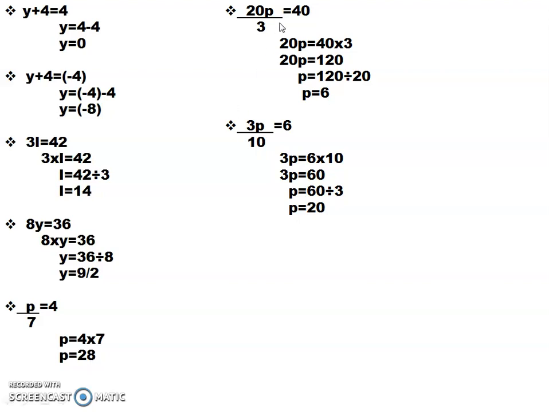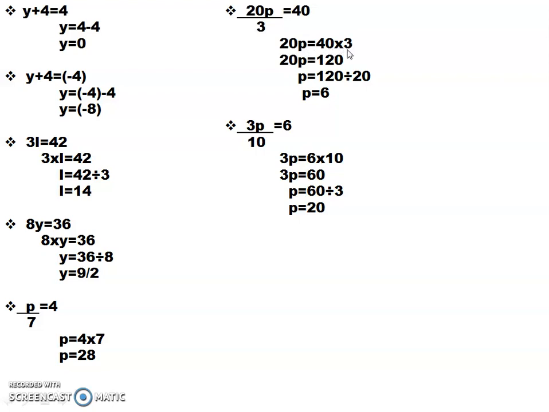Now see the next question. 20p by 3. Here you can see two operations. What is that? 20 into p divided by 3. How will you read it? 20 into p divided by 3. So divided by 3, when it goes to the other side, becomes multiplied by 3. 20 into p is equal to 40 into 3.